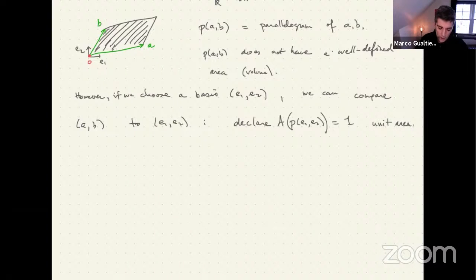Okay, and then we can see how many of these unit areas are going to fit inside this region. We need the unit area. If we do not have the unit area, we won't be able to measure the area of this thing. Okay, is that clear?